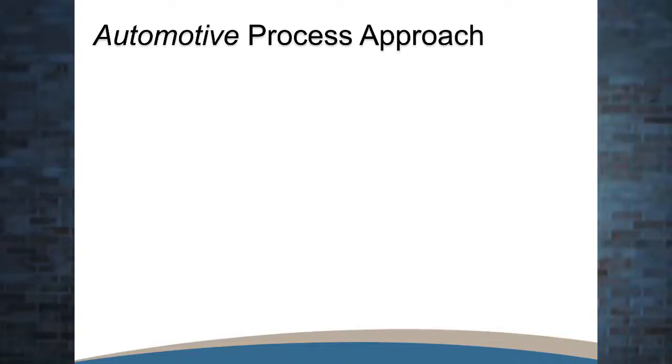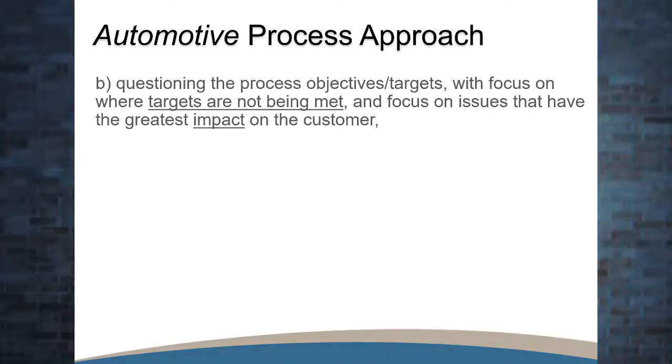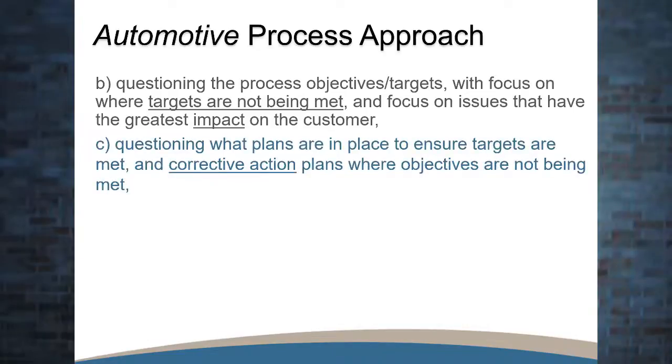Furthermore, the automotive process approach states questioning the process objectives and targets, with a focus on where targets are not being met, and focus on issues that have the greatest impact on the customer. Questioning what plans are in place to ensure targets are met, and corrective action plans where objectives are not being met.